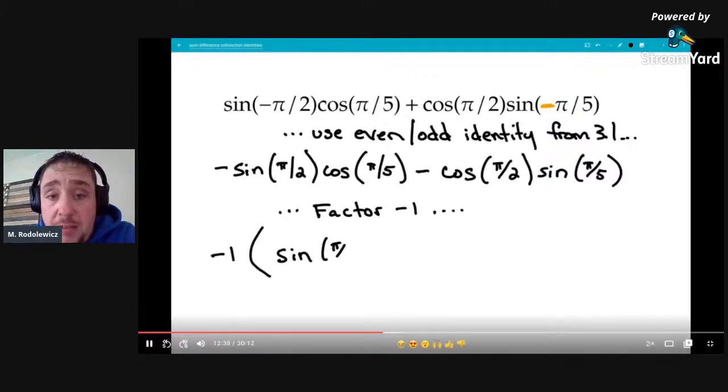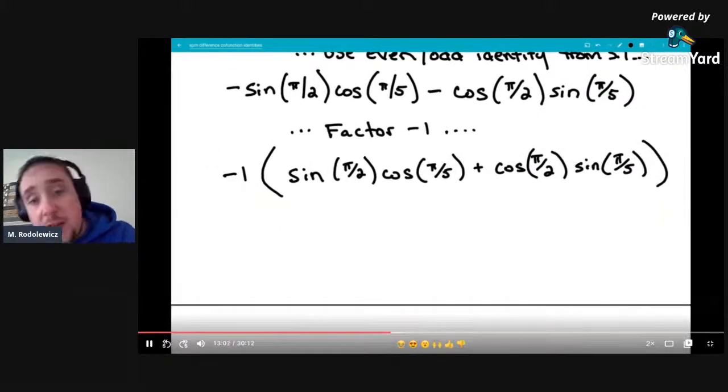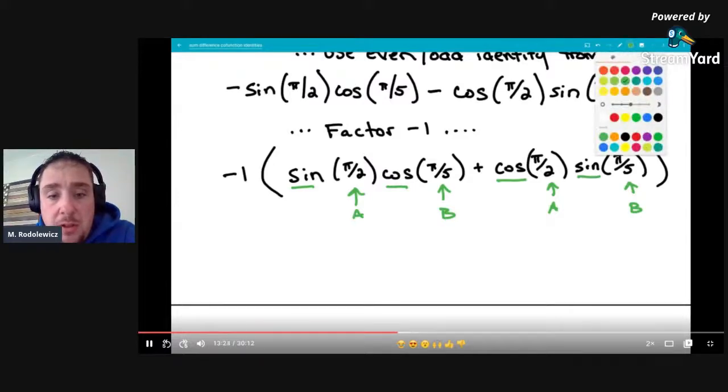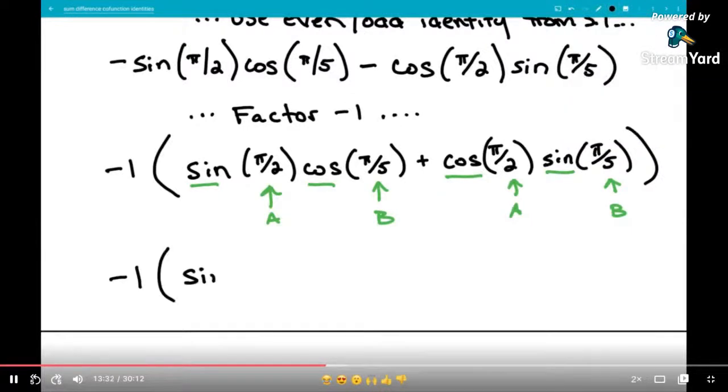After applying the even and odd identities, I also notice I'm going to factor out a -1. This helps me see the structure of sine pi over 2, cosine pi over 5, cosine pi over 2, sine pi over 5. Very wordy, but if you consider pi over 2 as A and pi over 5 as B, the structure of that expression models nicely as the sine of pi over 2 plus pi over 5.